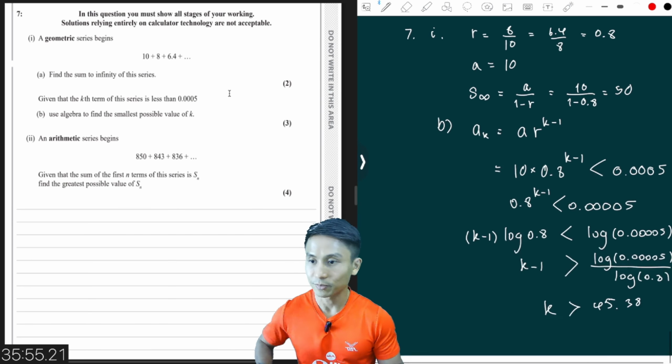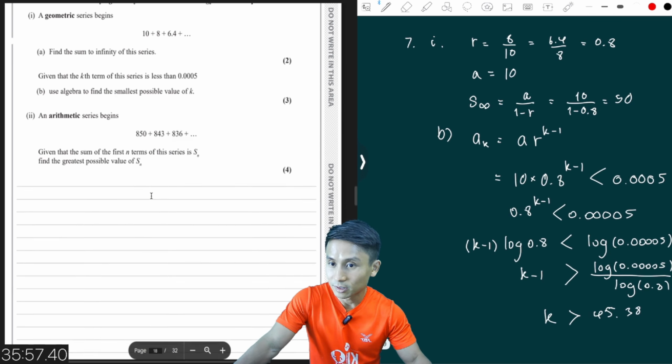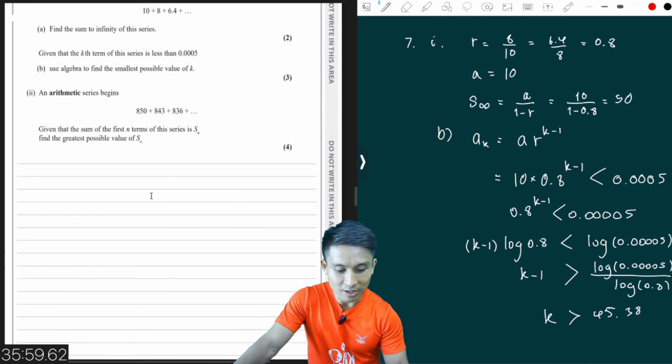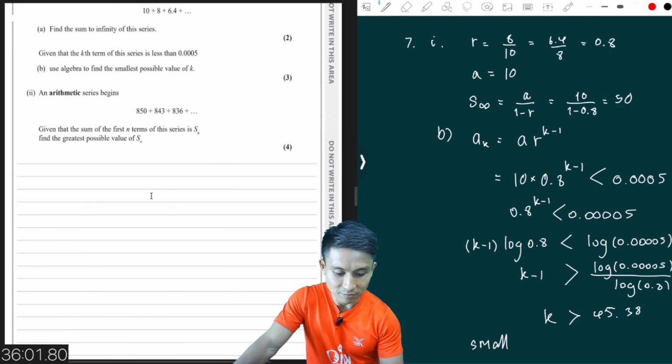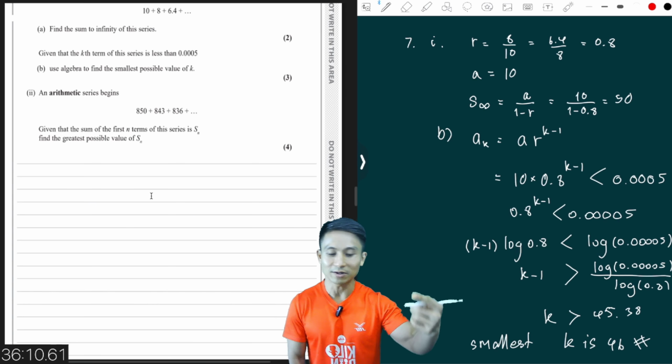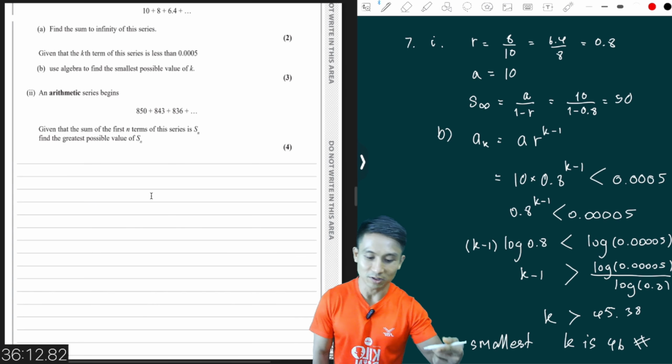That means the smallest possible value of k would be the first integer that k can be, so k is 46. Just the smallest one, because it's got to be greater than 45.38, so the smallest one is 46.